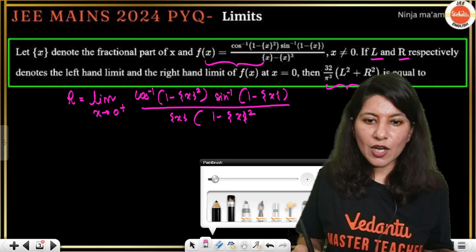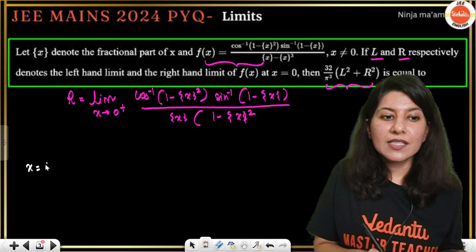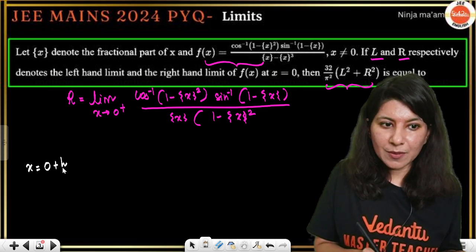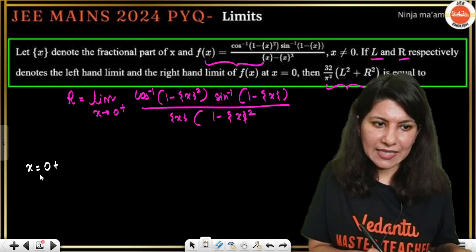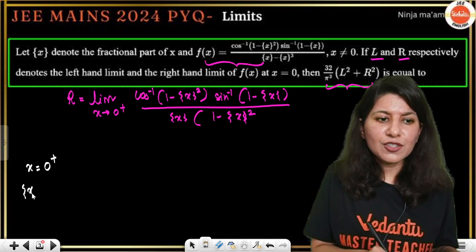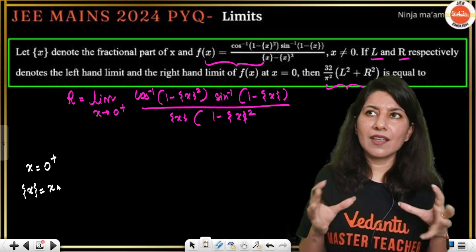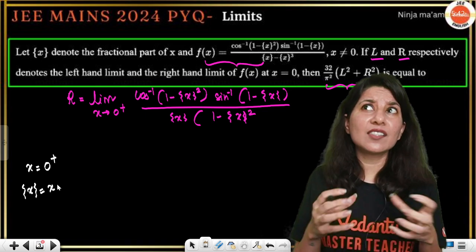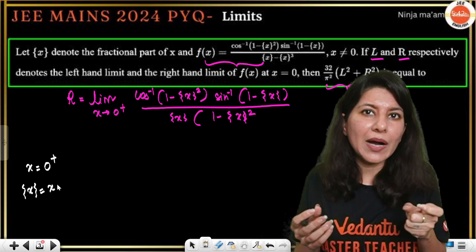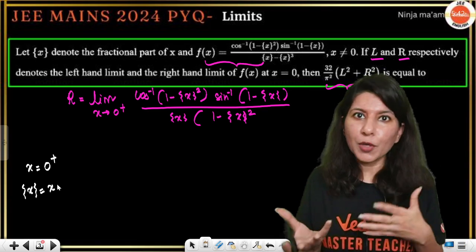Okay, so now for the right hand limit, the moment you put x equals to 0 plus h, or 0 plus basically, your fractional part of x becomes x only. You know this is common sense. If I say that your x is 0.2, what is the fractional part in it? Ma'am, it is obviously 0.2 only.